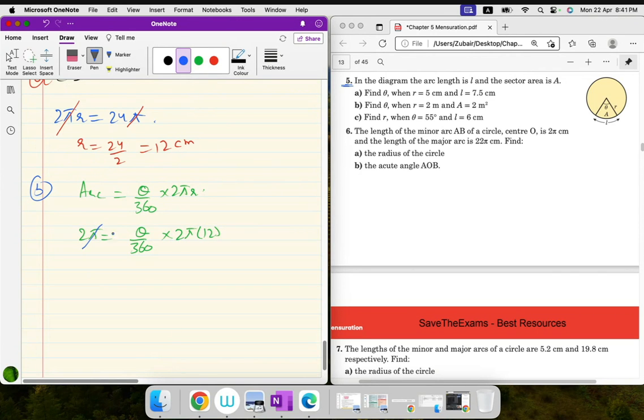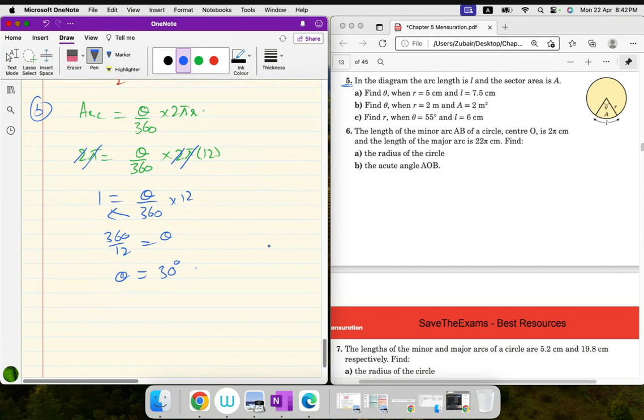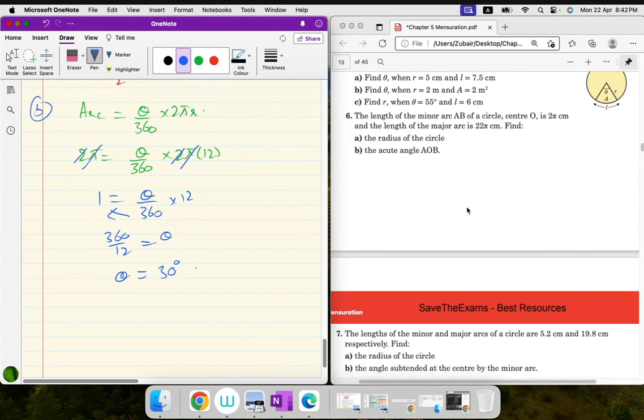I can cancel out pi with pi, 2 with 2. So I'm left with 1 equals angle by 360 into 12. This goes there, 360 by 12 equals theta. Theta equals 30 degrees. Any doubt? No, sir.